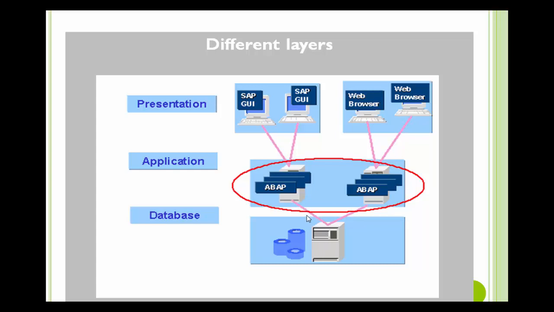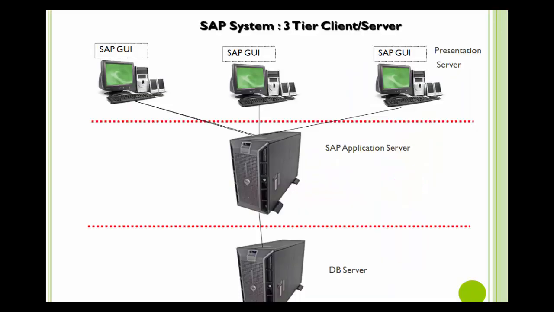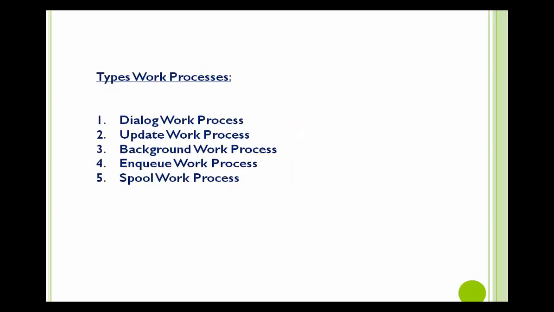We'll talk about it in depth, including how many kinds of work process layers there are and how it happens. So these are the hardware platforms: through the GUI, a number of persons can access the application server and the backend database servers.